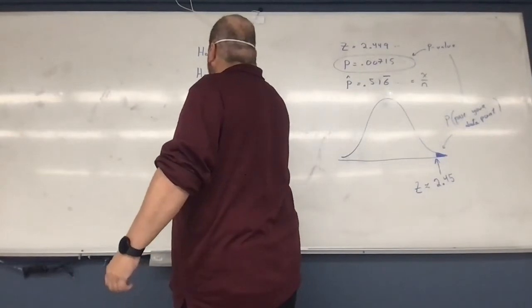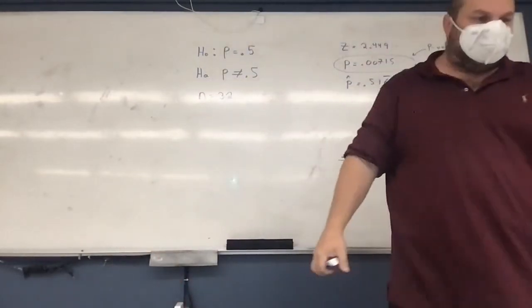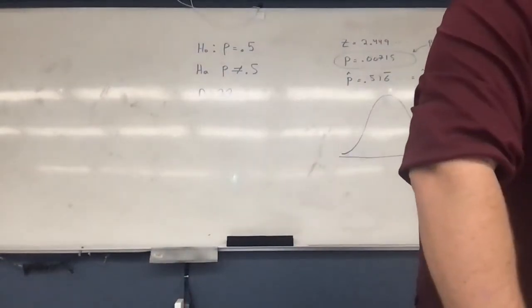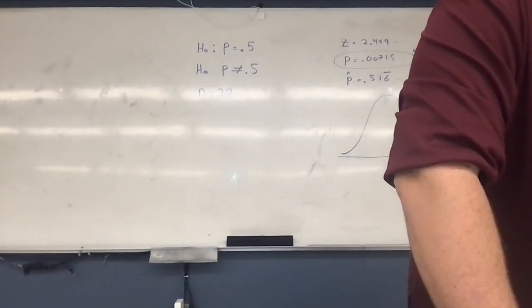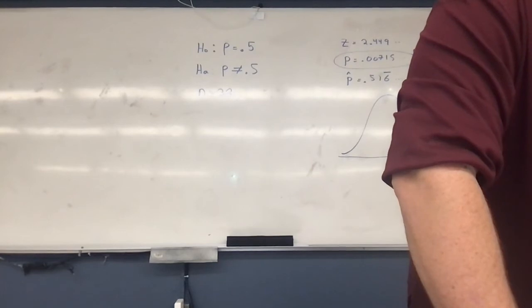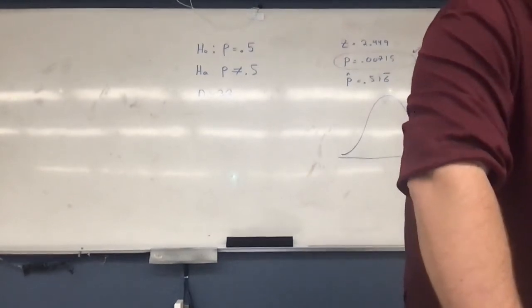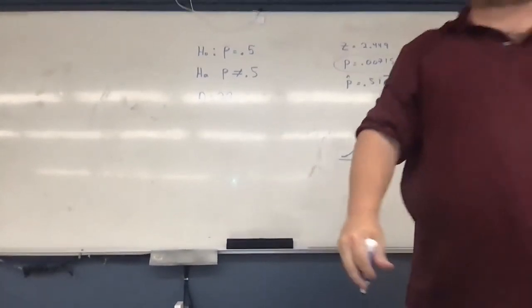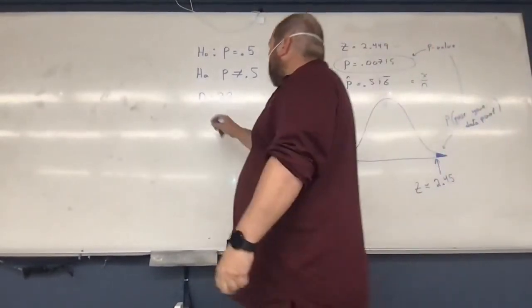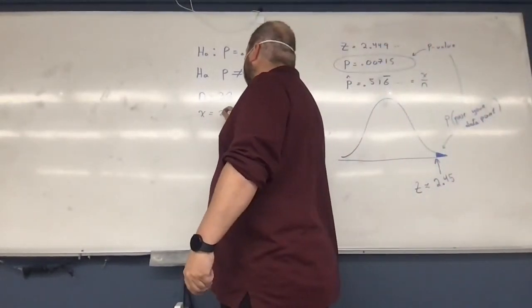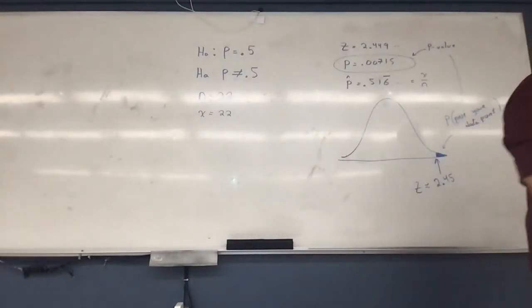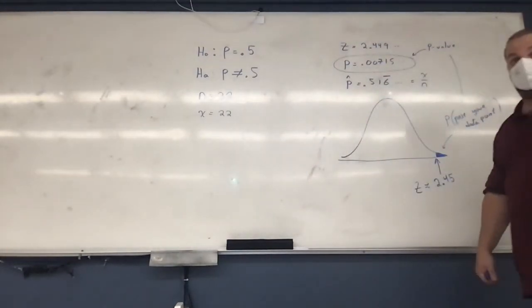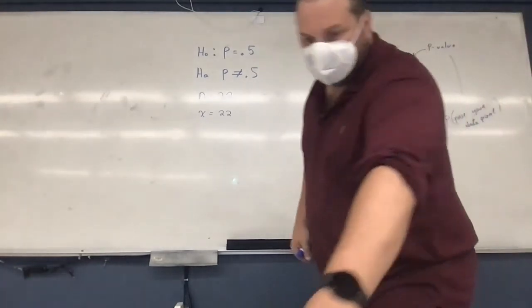N equals 32. And a total of 22 of them thought that the first wine was better. X equals 22, because remember what we're looking for is the proportion who liked the first wine. So 22 of the 32 said, I like the first wine.